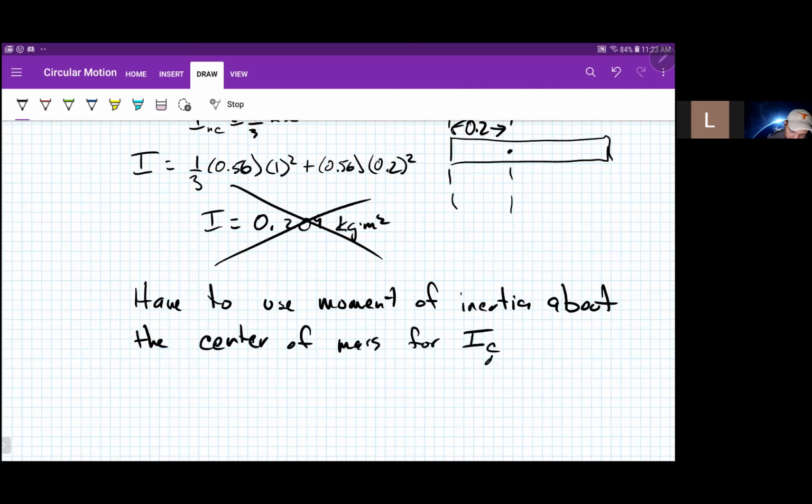That's what that C stands for, center of mass. So just make sure you're paying attention to that, is my point.